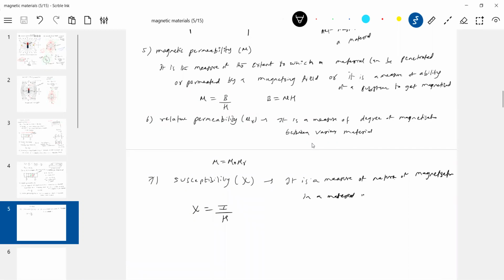Okay, let's get into the basic thing. We have started like this: B is equal to B naught plus Bi, induced magnetic field, or Bm.